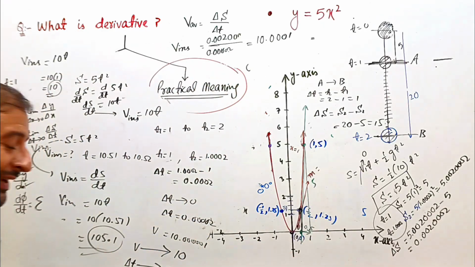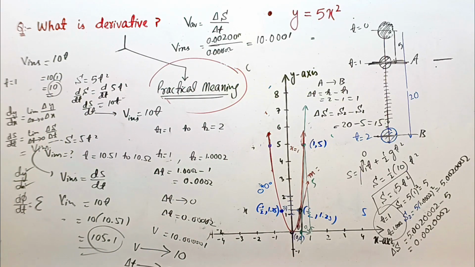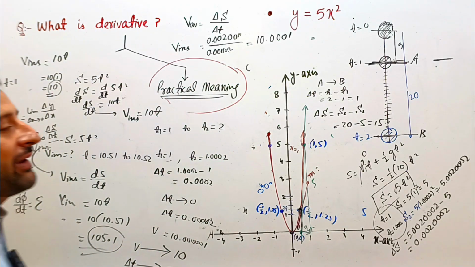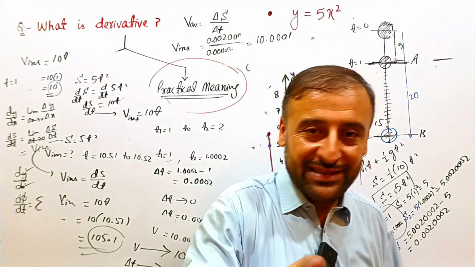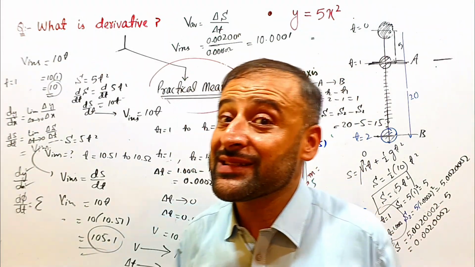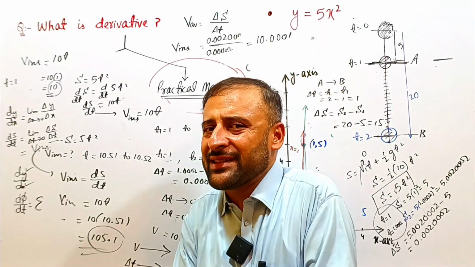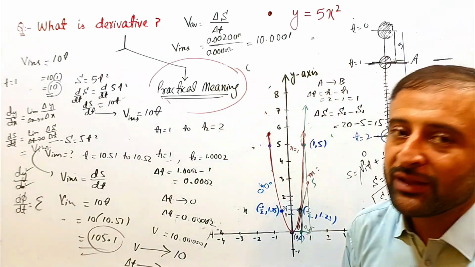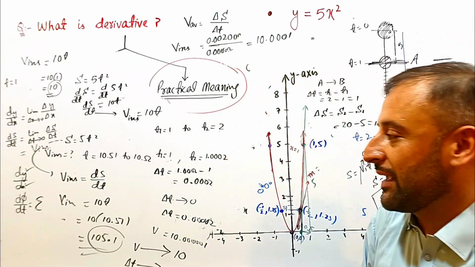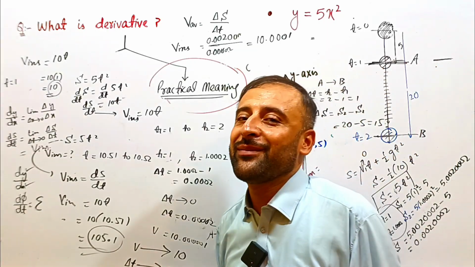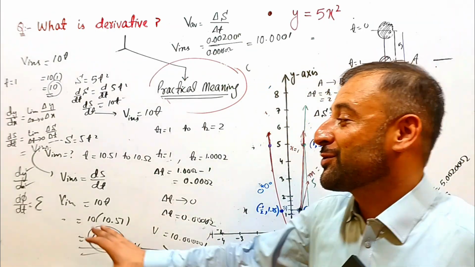Alright students, that's what I want to tell you about the practical meaning of the derivative. You just ask, what does this Y represent and what does this X represent? Normally in physics X represents time, not necessarily. Normally I say you have to remain within your own level.